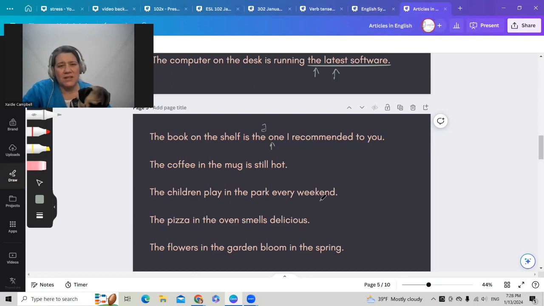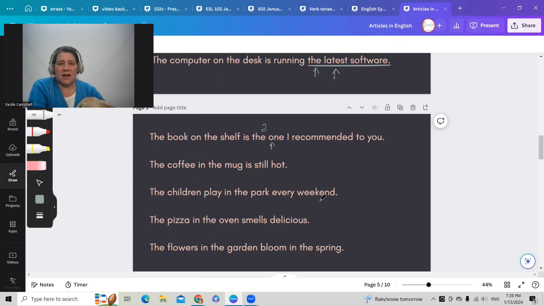I want you to notice I'm saying these slowly, but I'm saying them as naturally as I can. I want you to look at my mouth. The children play in the park. This is a very unnatural sound for many speakers of other languages.